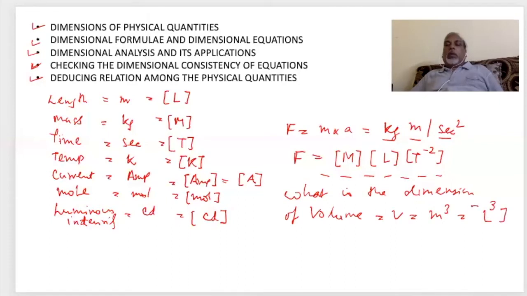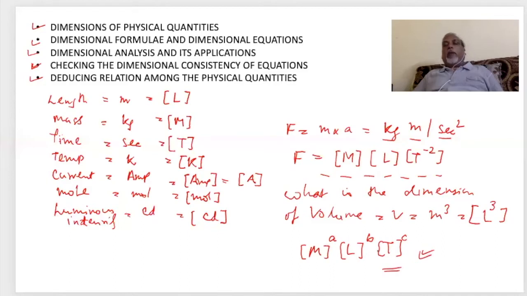So any physical quantity can be represented in this form: M to power a, L to power b, and time to power c, and so on.